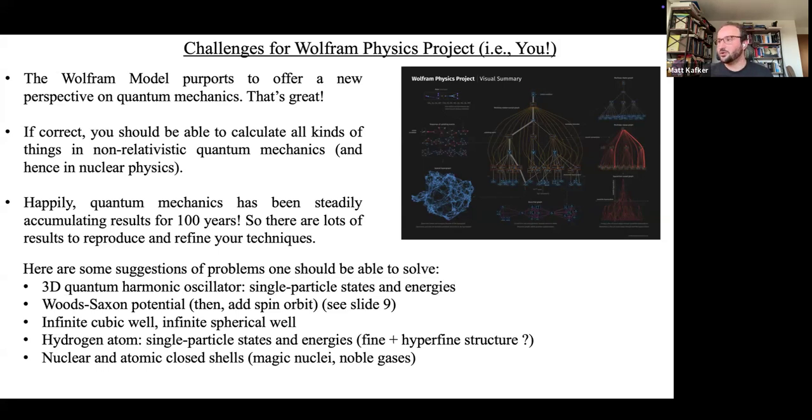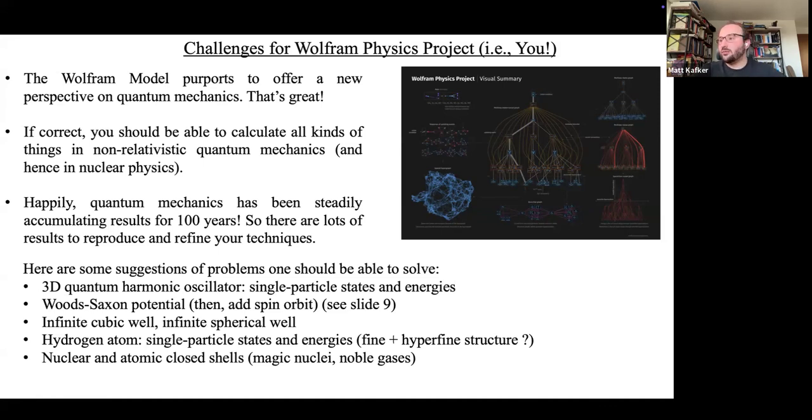There are lots of results to reproduce, and you can test the efficacy of Wolfram physics in this context. So here are some things that you should be able to solve. 3D harmonic oscillator, you should be able to describe the states and the energies. Try the Woods-Saxon potential. Try adding a spin orbit term. There are the infinite cubic well, infinite spherical well problems. Hydrogen atom, and then looking at the closed atomic shells, or the closed shells for nuclei and atoms.